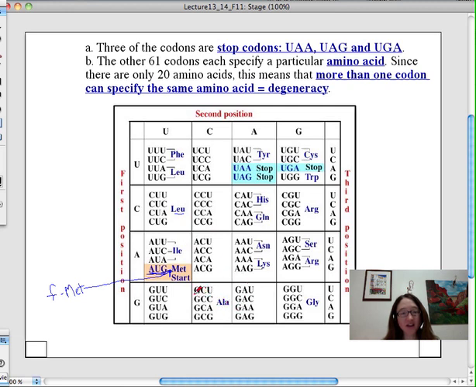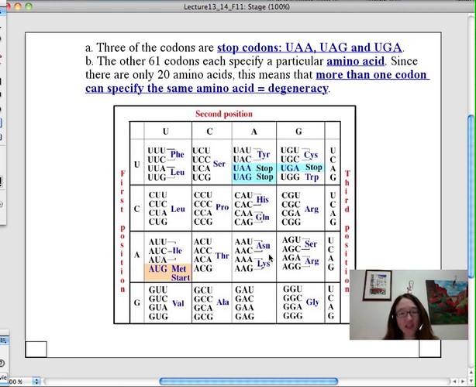So we could go down here and see all 4 of these codons, GCU, GCC, GCA, and GCG, all specifying alanine. Lots of degeneracy, right? So let's write down a few others here. We've got UCU, UCC, UCA, and UCG all specifying serine. So we can see again more degeneracy.